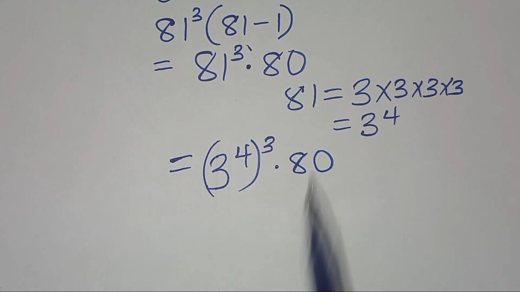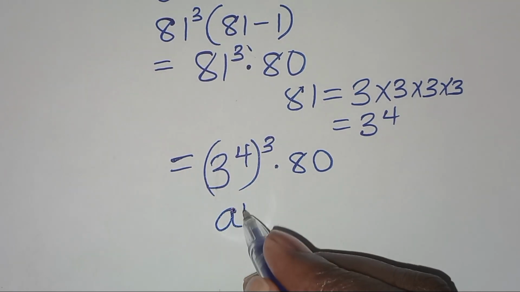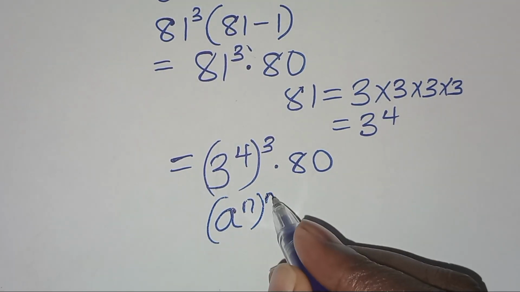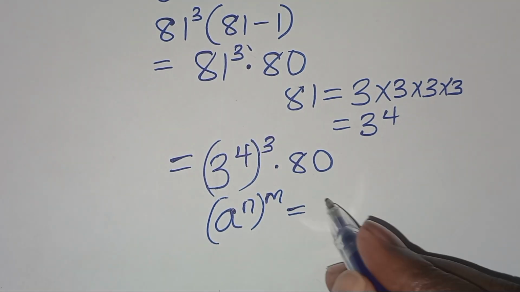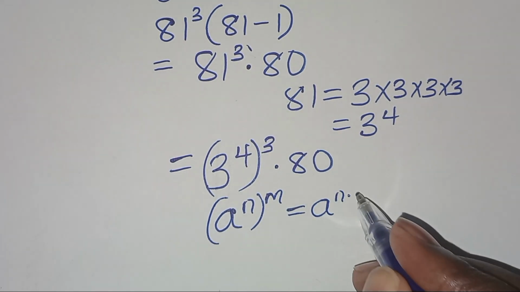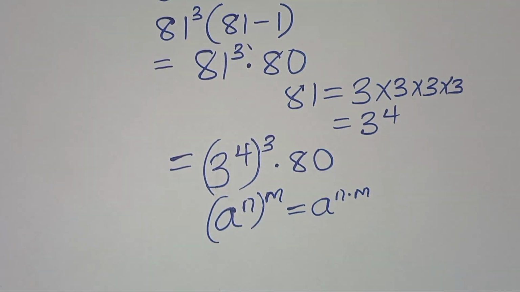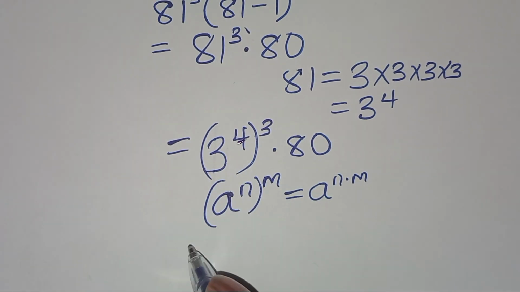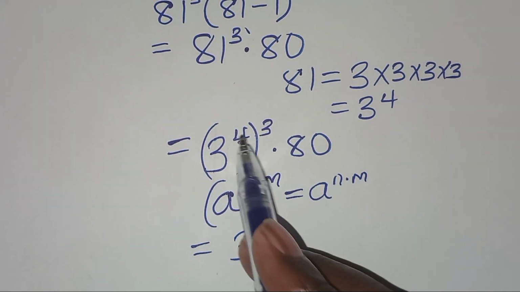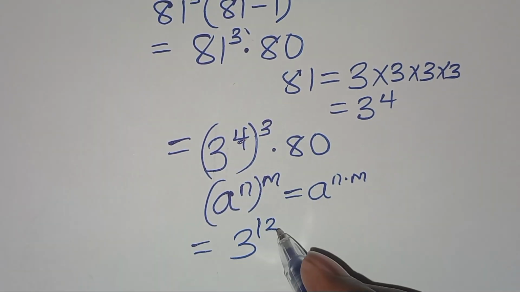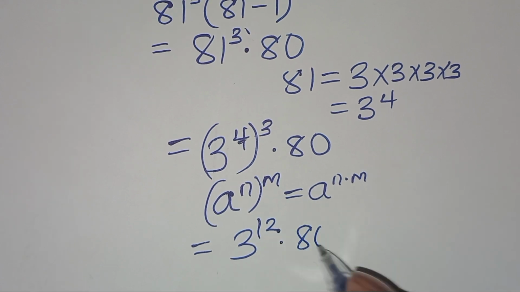So from here, we have that a raised to power n raised to power m, this can be expressed as a to power n multiplied by m. So here we'll have 3 to power 4 times 3, this is equal to 12, multiplied by 80.